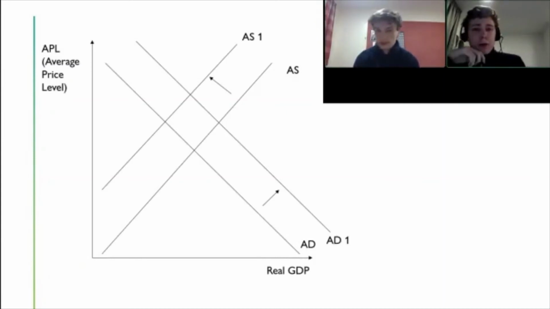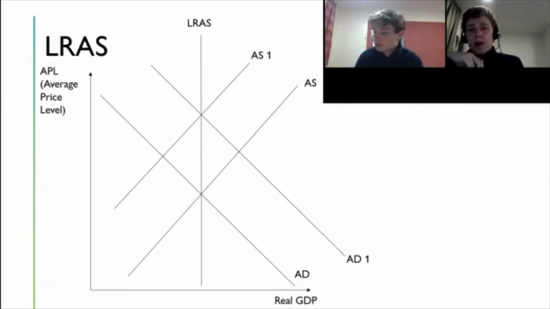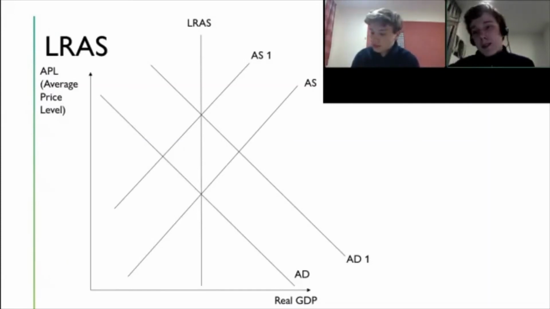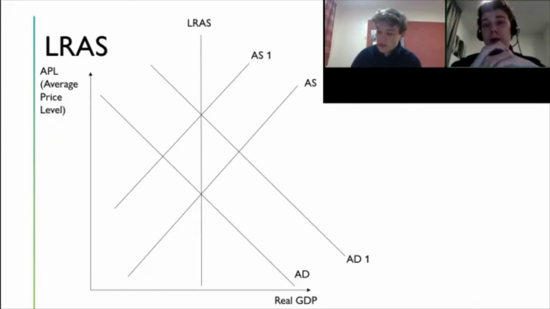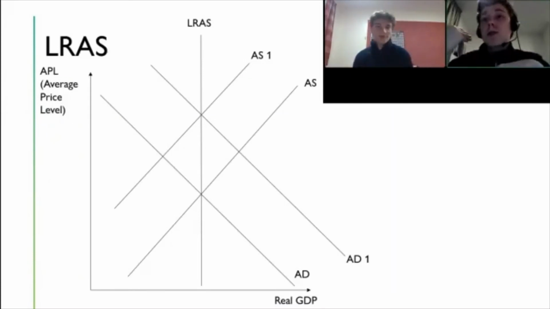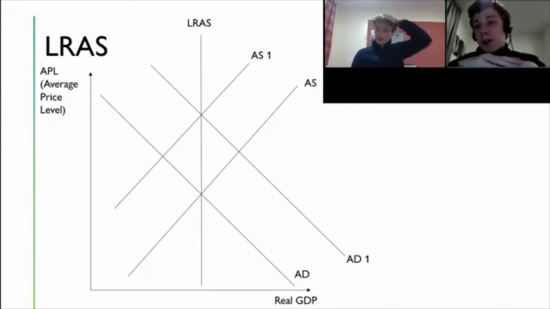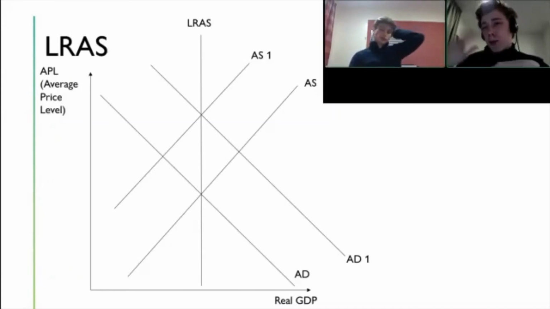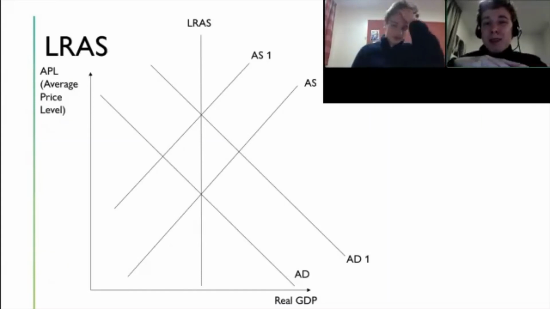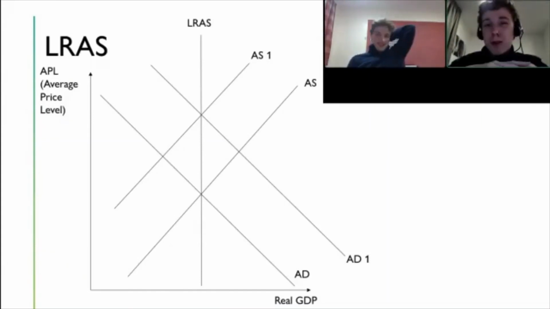The final thing I wanted to have a look at was this idea of long-run aggregate supply, which is the neoclassical approach to economics. There's also Keynesian, but we'll touch on that later on because that's a whole different school of thought to unravel, and it's way too much content to cover in one video.